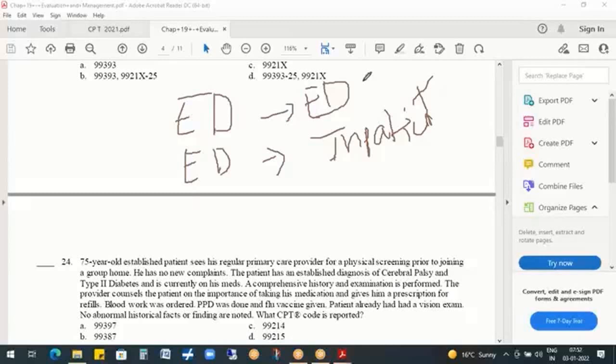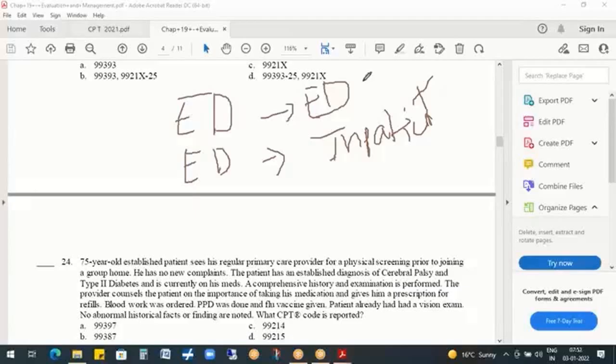Correct. Next one. For that location, to evaluate an E&M level, what we need to look for? Status of a patient. How many types of patients are there? New or established.